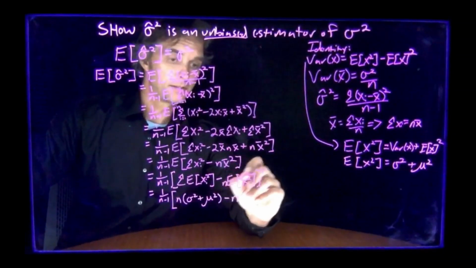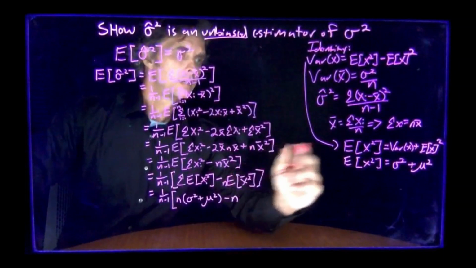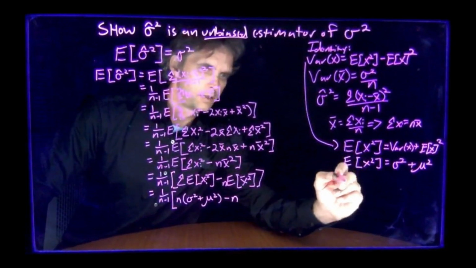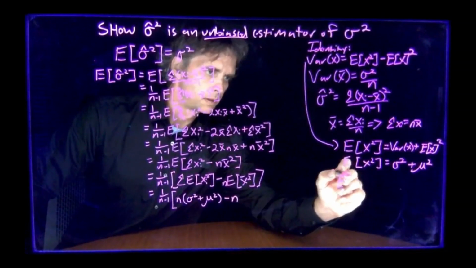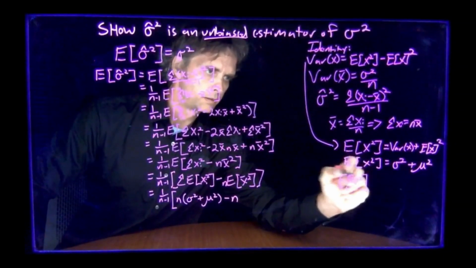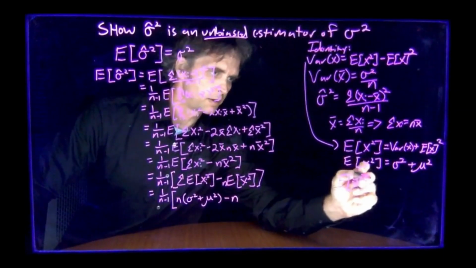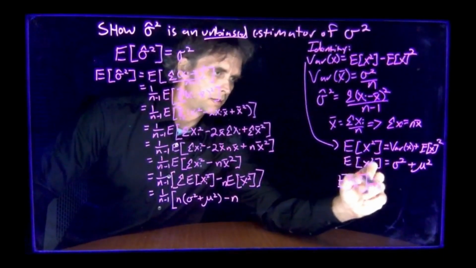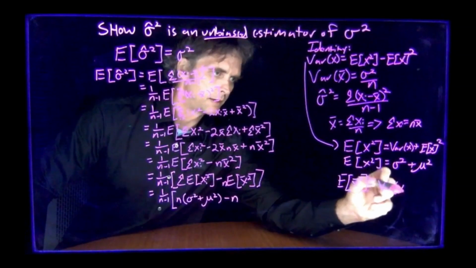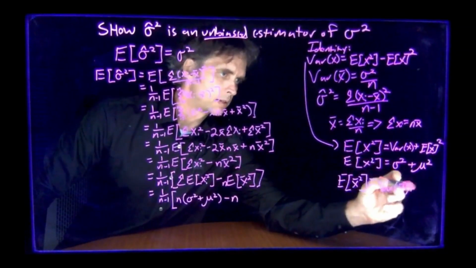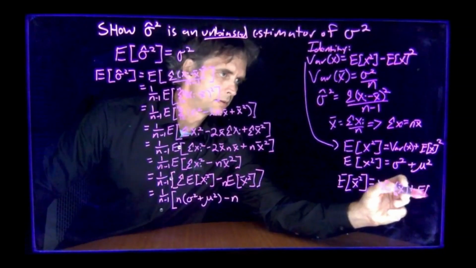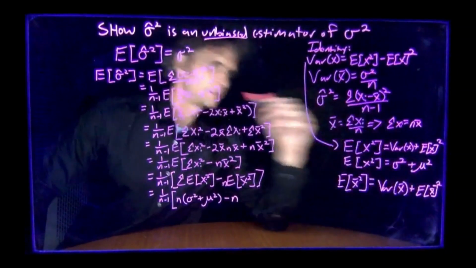I'm sorry, the expected value of x bar squared. So we can do the same game here. The expected value of x bar squared, it's just whatever's being squared in there, is equal to the variance of x bar plus the expected value of x bar squared.